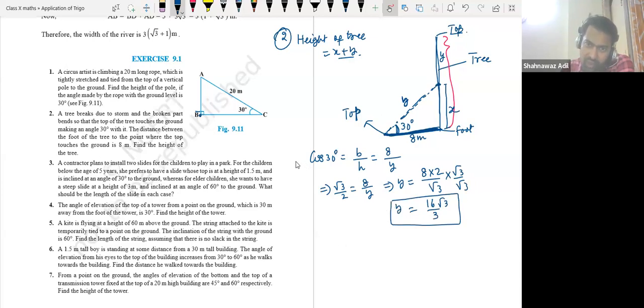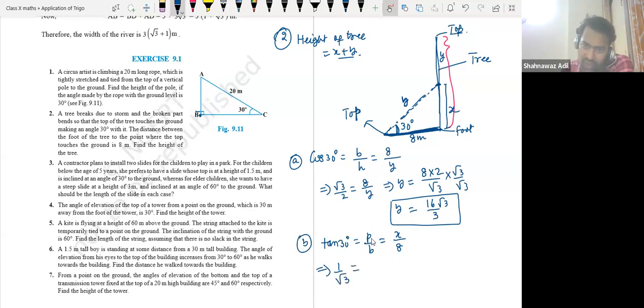Now, let's say this is the perpendicular part and this is the base part. Perpendicular by base is tan 30. Perpendicular is x, base is 8, right? So tan 30 is how much? 1 by root 3, right?